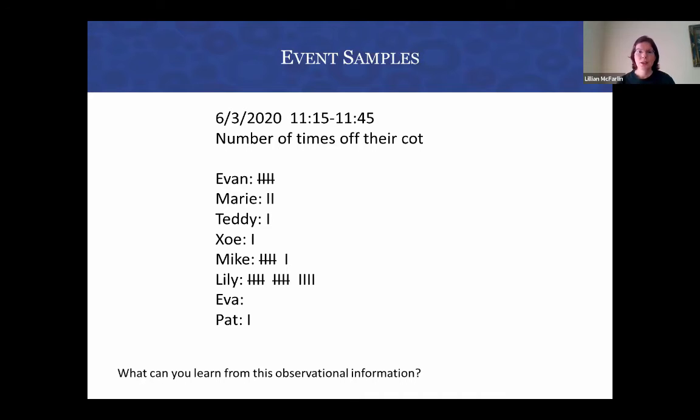Mm-hmm. So based off of this chart, if you had to choose 3 children that were going to sit next to the teacher, which ones would it be? Or lay next to the teacher? Which 3 children need to be near the teacher for nap time? Lily, Mike, and Evan. Mm-hmm. Yeah. And I would probably have somebody else or yourself, depending on how that works for you.